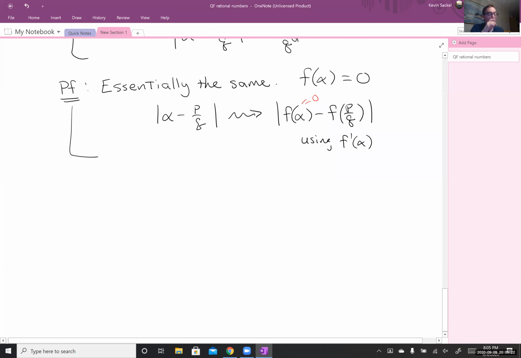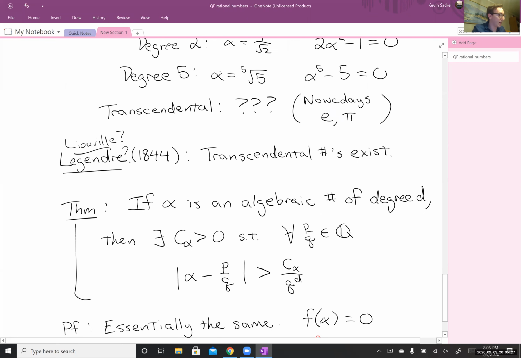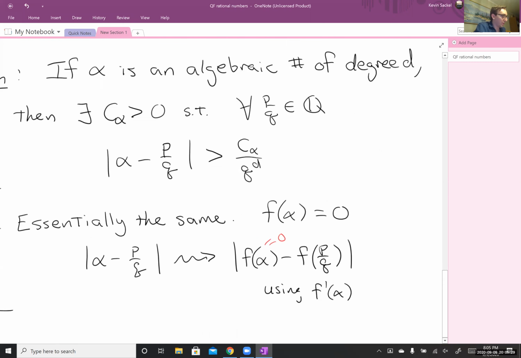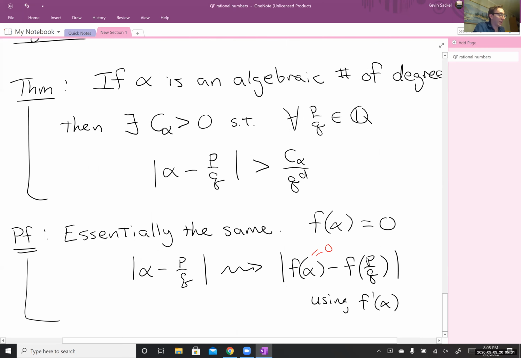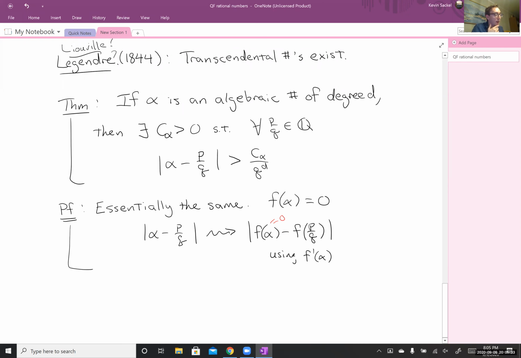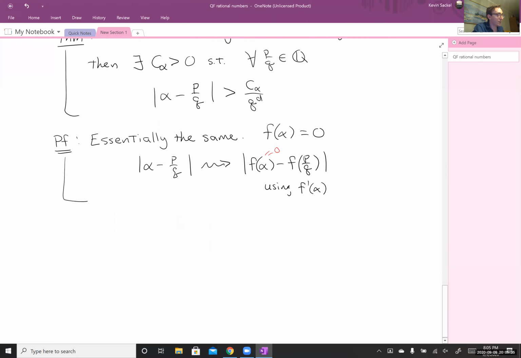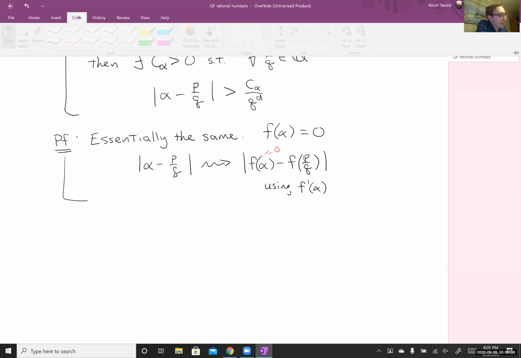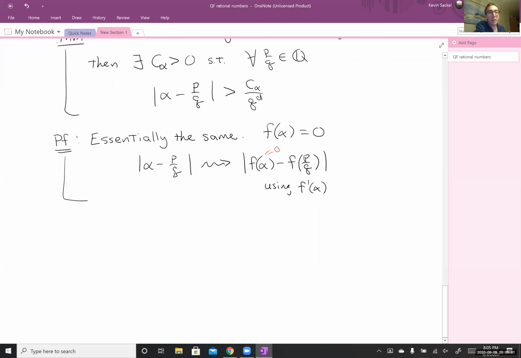So in some sense, this theorem is quantifying that algebraic numbers are poorly approximated by rationals in some very precise sense. And what that means is that this gives you a way to try to construct a transcendental number.